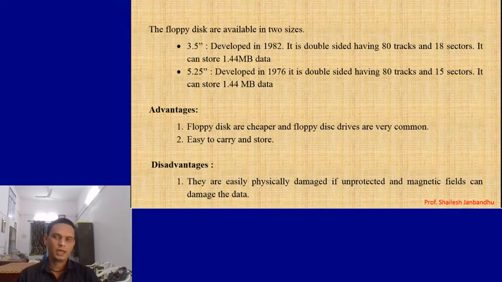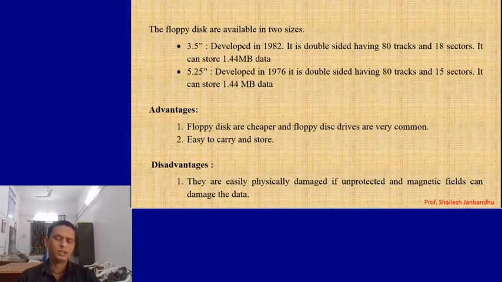The floppy disk has some advantages. Number one, floppy disks are cheaper and floppy disk drives are very common. When we talk about a computer system, we see the C drive, D drive, E drive, but we do not have A and B. The A and B drives are available only for the floppy disk. Today we do not use the floppy disk, therefore the floppy disk drive doesn't exist on our CPU, central processing unit.